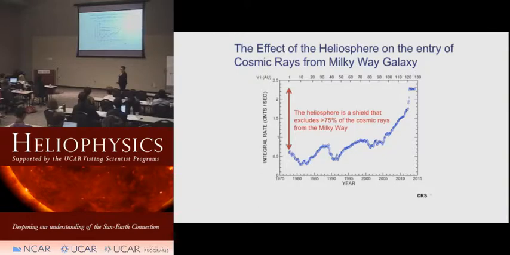It's actually way more important, that heliosheath, than that modulation. Now you can also ask yourself how the solar cycle affects the heliosheath. Open questions. But the real spectrum of intensive galactic cosmic rays outside our bubble is here, and inside is right here. 75% we lost.